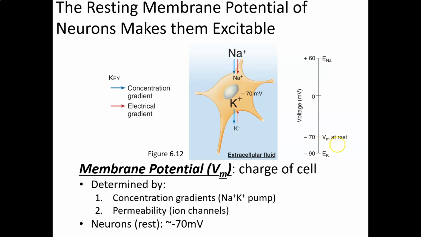So voltage in the membrane is what it stands for at rest. So that for a nerve cell, and pretty close for a muscle cell, we're going to assume about minus 70 millivolts.